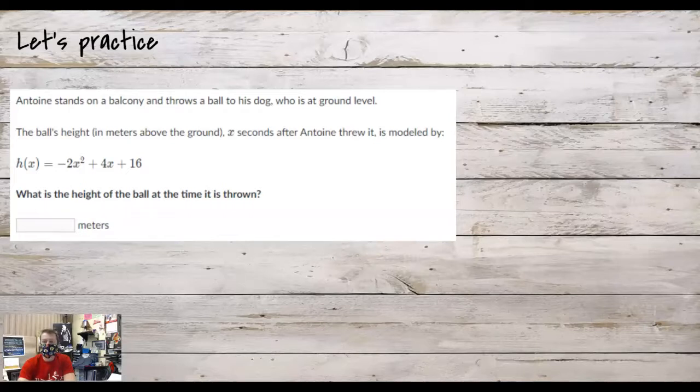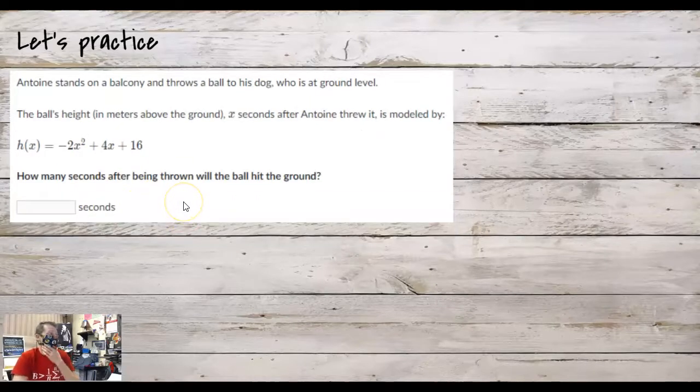How high is Antoine's balcony? Katie Ann? 16 meters, right? Our y-intercept tells us where we start. So guys, problems like this, we don't even have to rewrite. We just look at it. We just observe what's given to us.